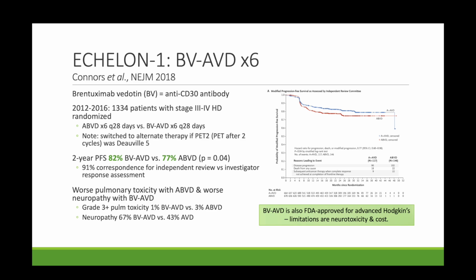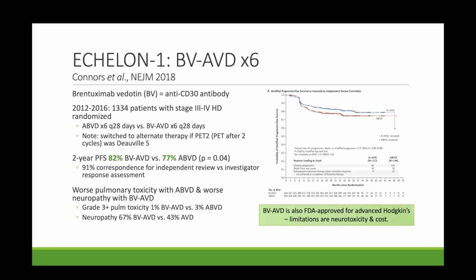I think it's basically a toxicity trade-off. So we know that ABVD causes worse pulmonary toxicity, but BV-AVD causes significantly worse neuropathy. So the grade 3 or higher pulmonary toxicity was 1% with BV-AVD versus 3% with ABVD. Neuropathy, however, was 67% with BV-AVD versus just 43% with ABVD.